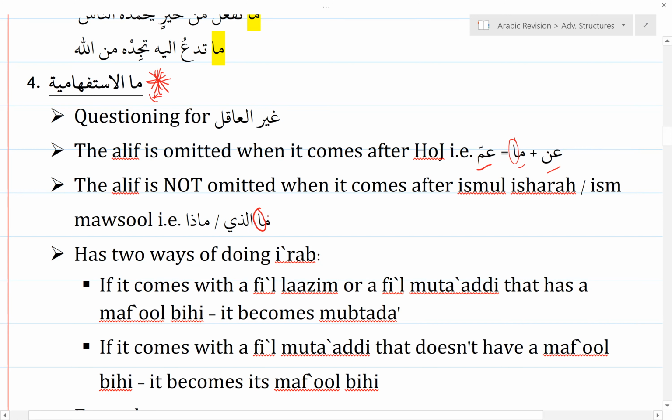Good catch. Thank you. And in this last example, the i'rab of it will be a majroor. This ma istifhamiyya. Yes. Because it's an ism, so it will be ism majroor. Exactly.